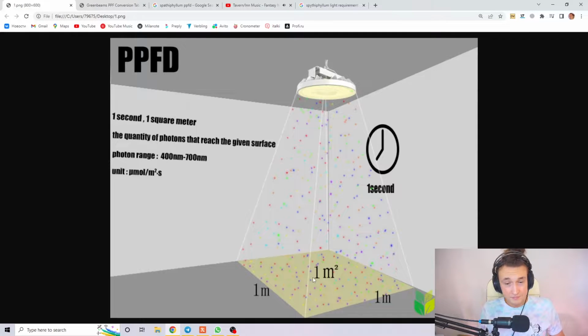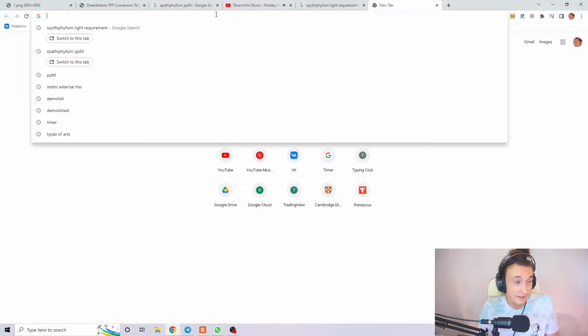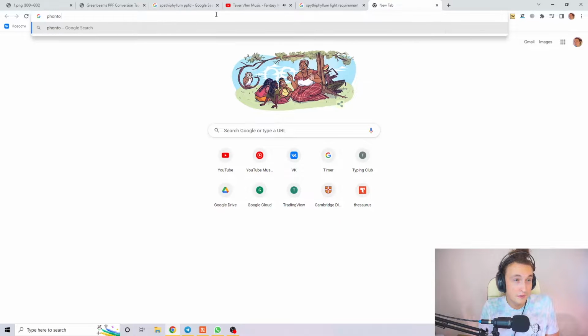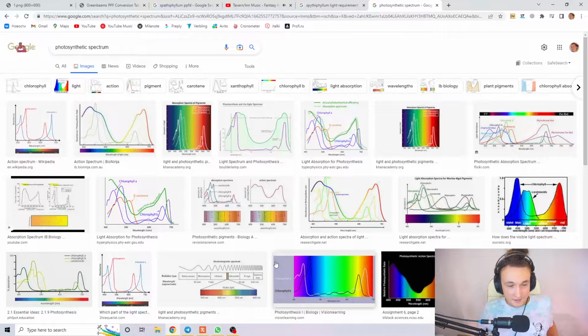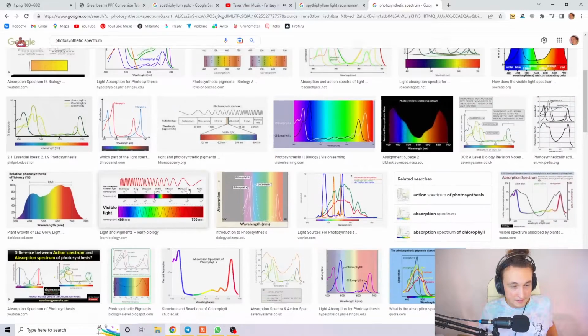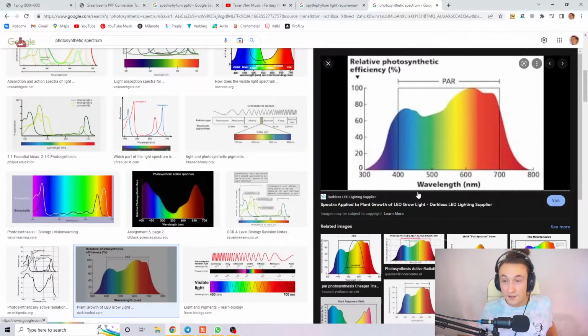Basically the plant has a spectrum that it likes, a photosynthetic spectrum. And as you can see, it doesn't have all of the colors. Unfortunately, I can see. Yeah, here it is. So this is the light that the plant needs, a lot of red, a little bit of blue, just slightly less of green.